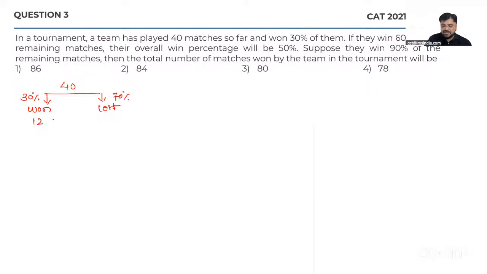So 30% is 12. If they win 60% of the remaining matches, their overall win percentage will be equal to 50%. Suppose they win 90% of the remaining matches, then the total number of matches won by the team in the tournament will be. Now we don't know how many matches are remaining.